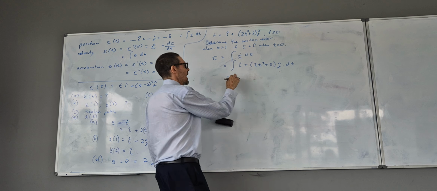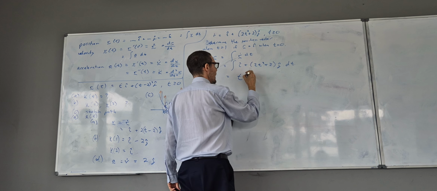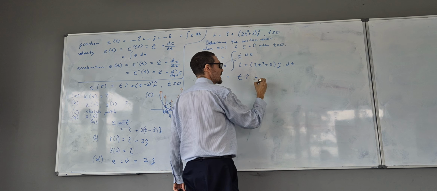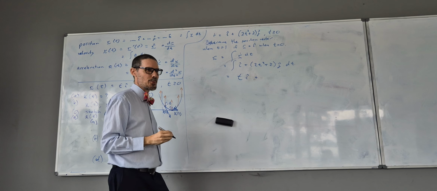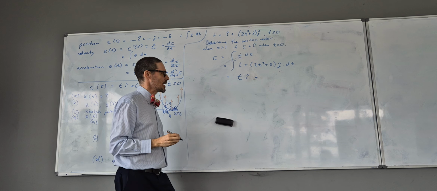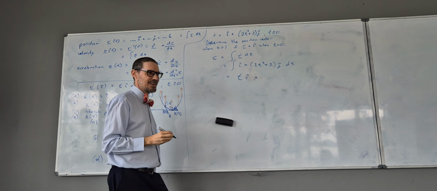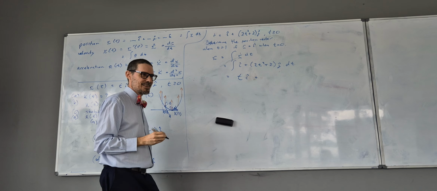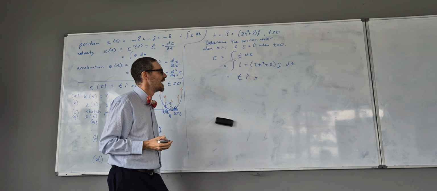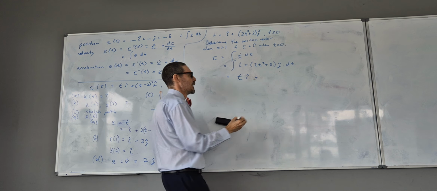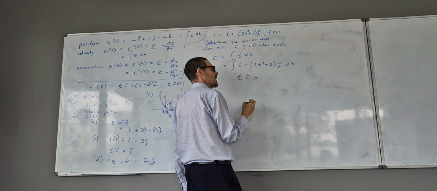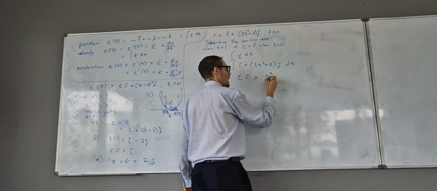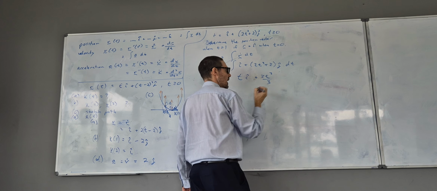Okay, so this is t i hat plus, who's going to do this one for me? Which year 11 student would like to do the integral of that for me? Looking at me? Yeah? t cubed over 3. Uh-huh. 2t cubed over 3.